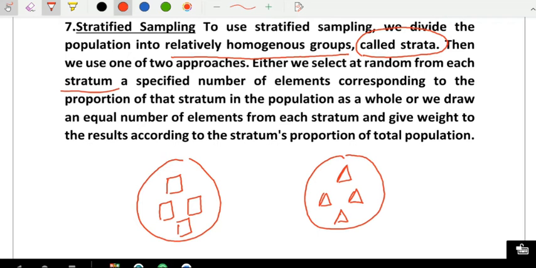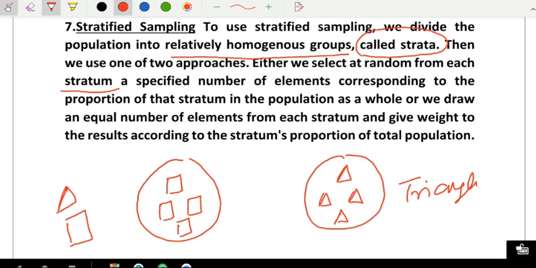So now you can see I have designed the strata. I have designed two strata out of geometrical figures. That means I have taken triangles here and quadrilaterals here. So one is the stratum of quadrilaterals and the second is the stratum of triangles. Now these are relatively homogeneous inside. You can see inside they are homogeneous.